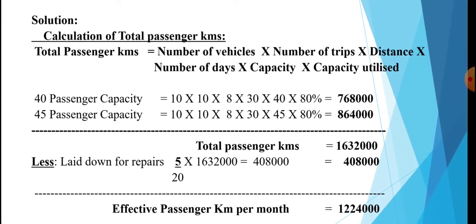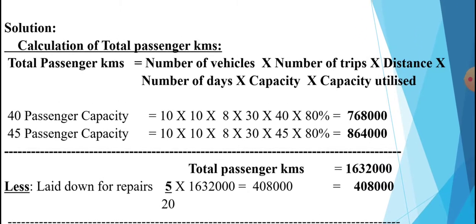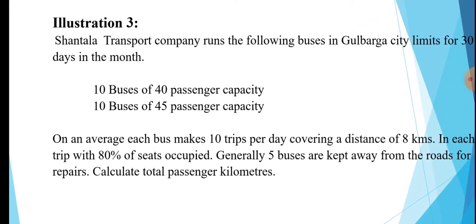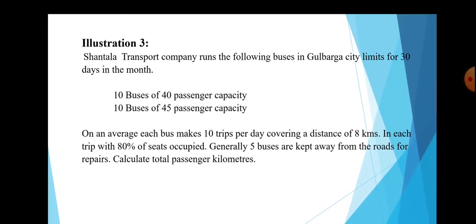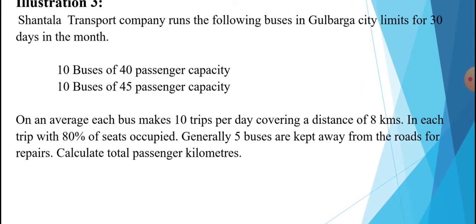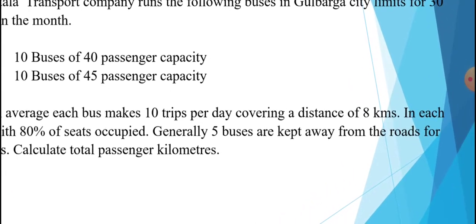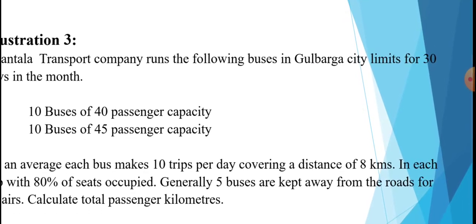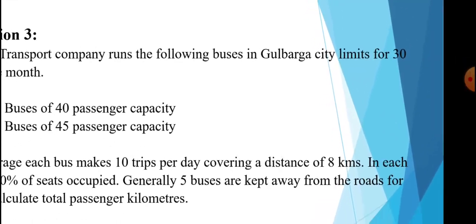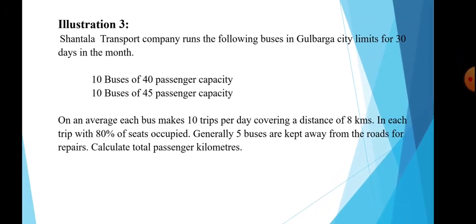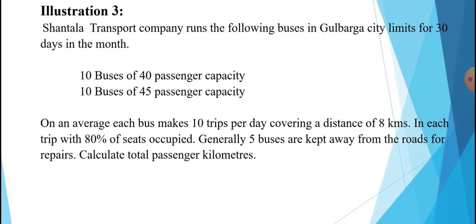Total passenger kilometer equals number of vehicles into number of trips into distance into number of days into capacity utilized. For 40 passenger capacity, the number of buses is 10, trips are 10, distance covered is 8, number of days operated is 30, and capacity is 40 passengers.